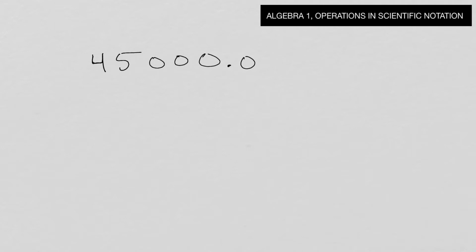So when I move this decimal to the left 1, 2, 3, 4 times, that means I have 4.5 times 10 to the fourth power. Simply moving the decimal to the left.